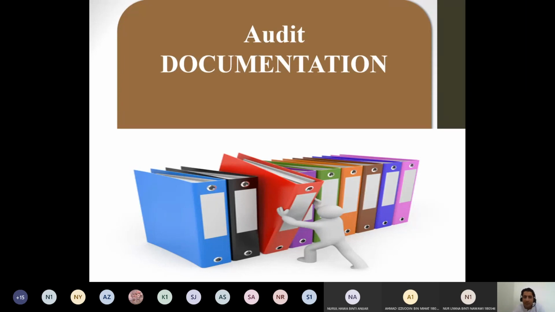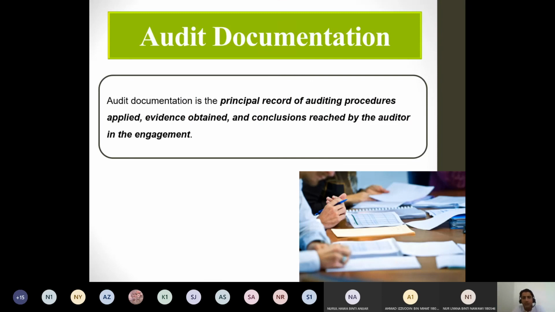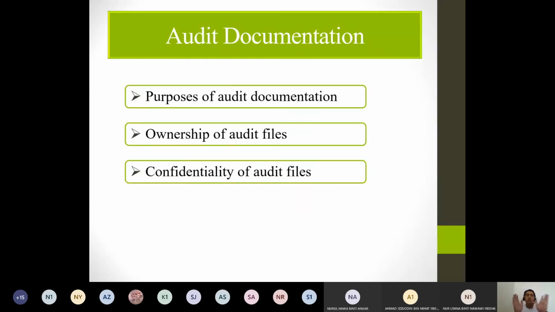So what is audit documentation? Audit documentation is the principal record of auditing procedures applied, evidence obtained, and conclusions reached by the auditor in the engagement.